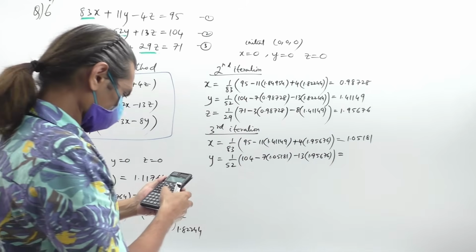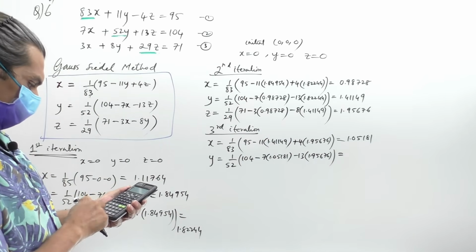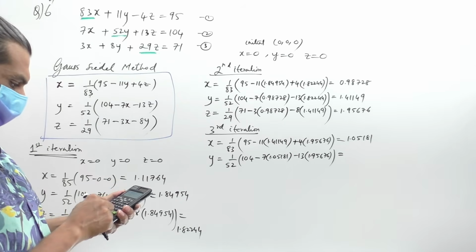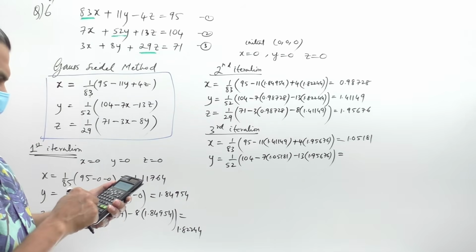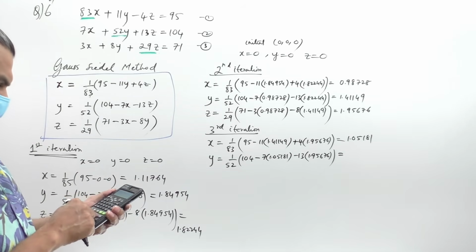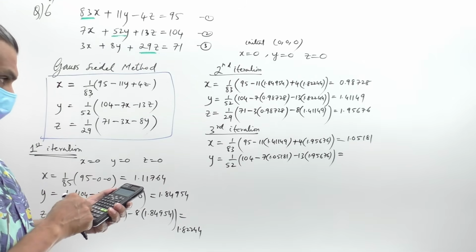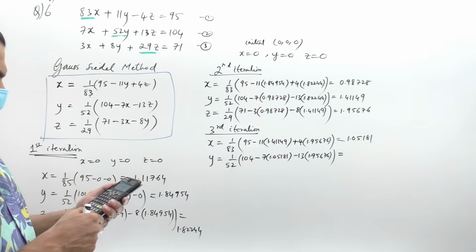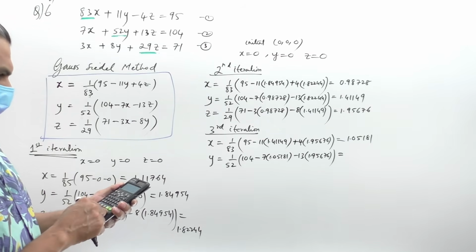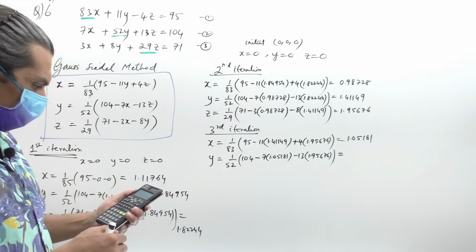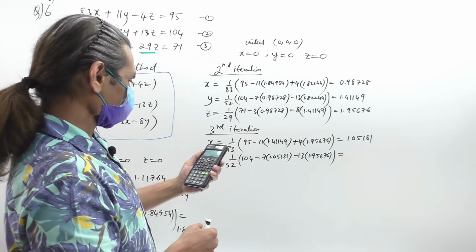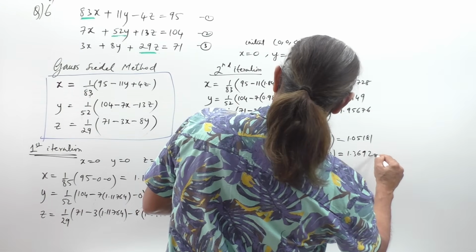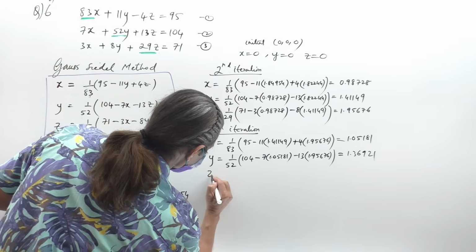That will be 104 minus bracket 7 into that answer minus bracket 13 into 1.95676, divided by 52, is equal to 1.36921. So please verify this with your calculators.